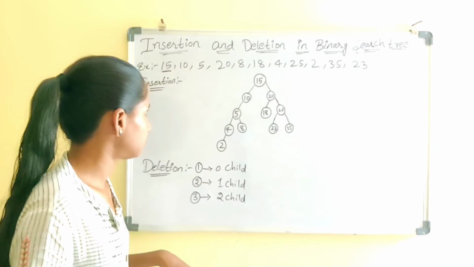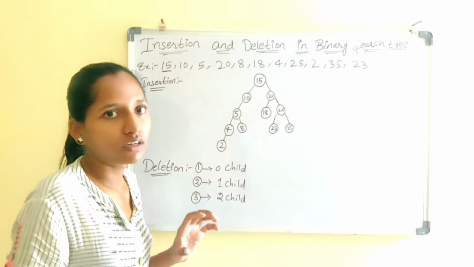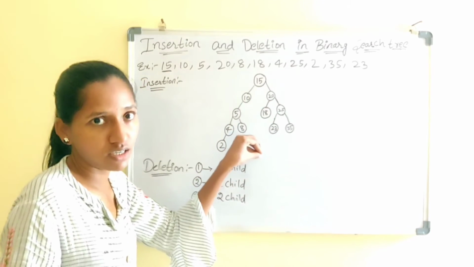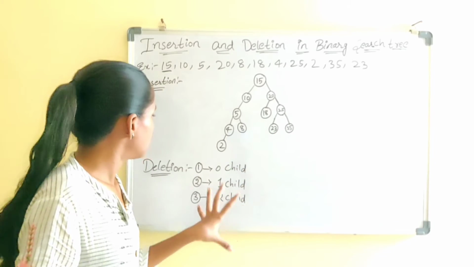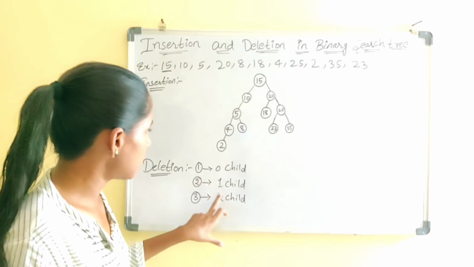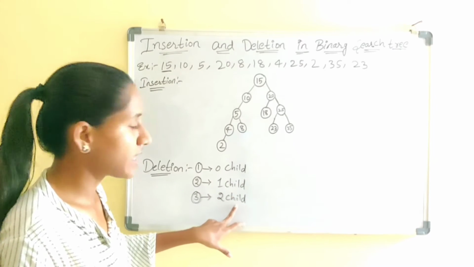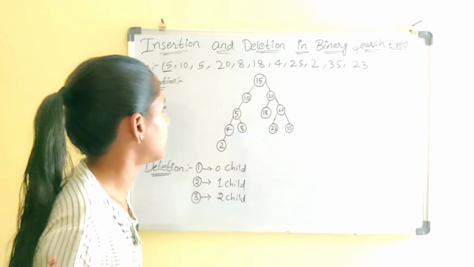In this deletion of a node, insertion is finished, so we have to delete a node from this. So in this we have 3 conditions: 0 child, 1 child and 2 child. So in the first condition, 0 child.